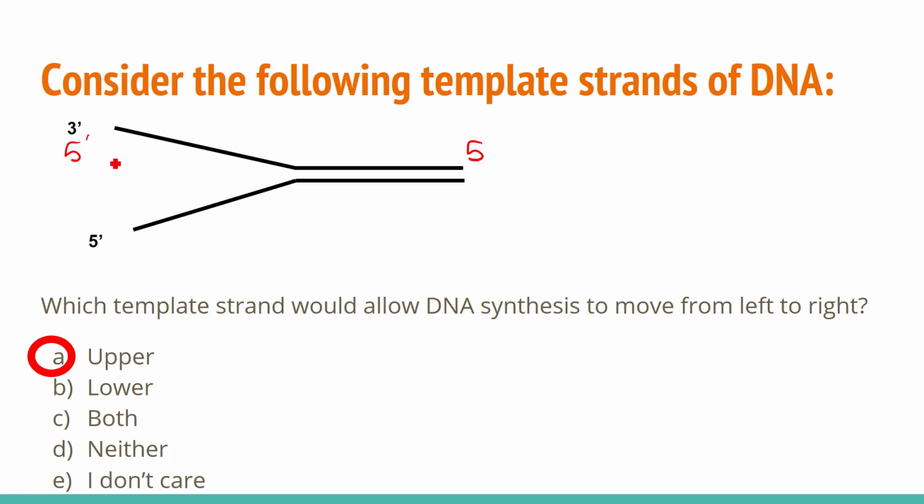So it has to go 5' to 3'. So maybe I circled the wrong one. Oh, maybe it didn't format over right. Hang on. No, we're doing this wrong. This is the 3' end. This is the 5' end. So this is the 3' end.